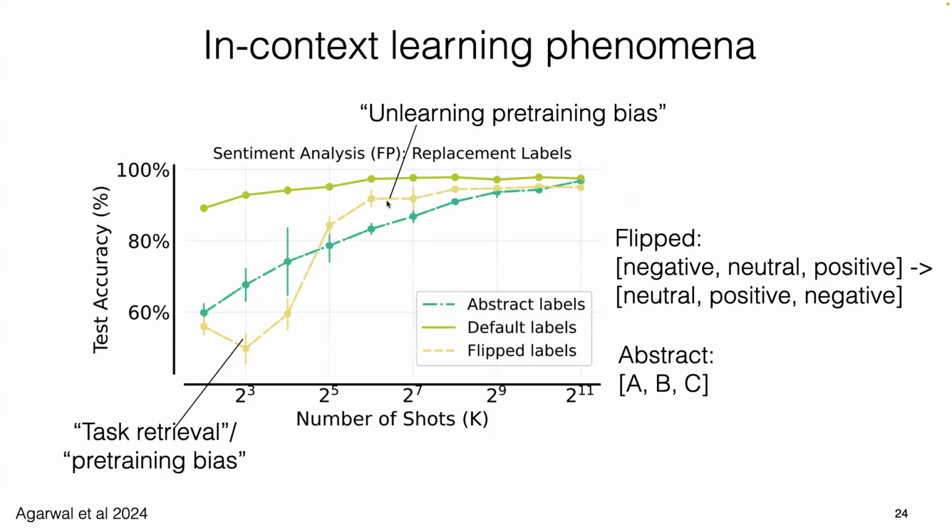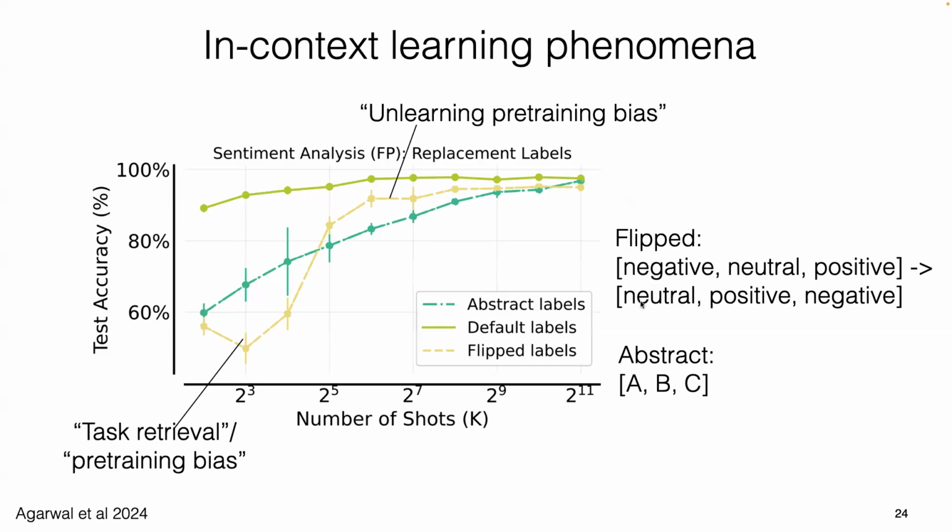They flipped the labels. Does it mean that they gave it an example that was supposed to be positive and they tagged it as negative, and did the same thing for all the rest? Yeah, so when they evaluate the model, let's say you have a test example and the label is negative, then the model would have to output neutral.